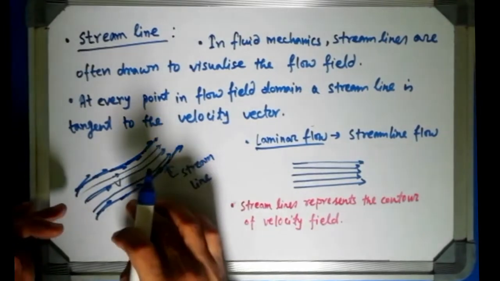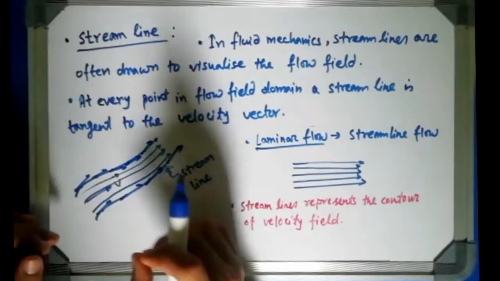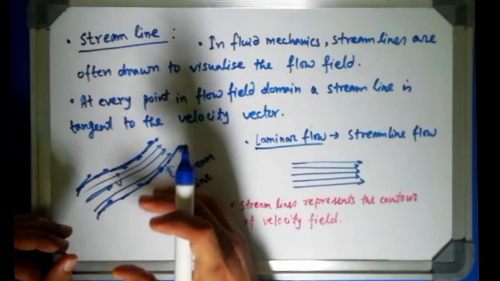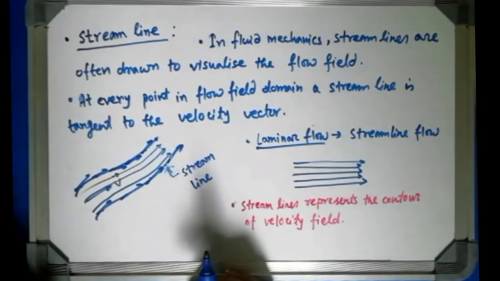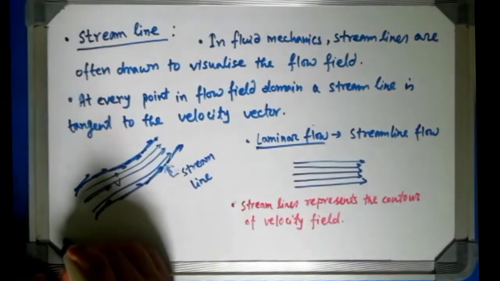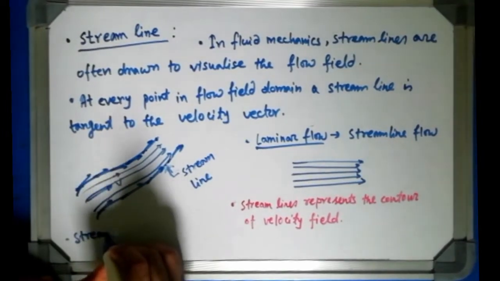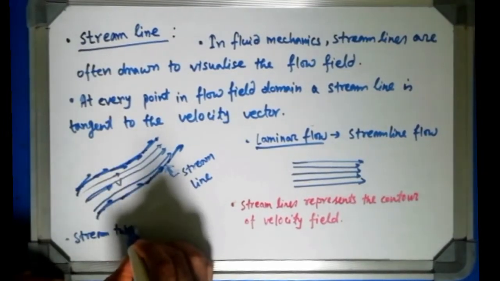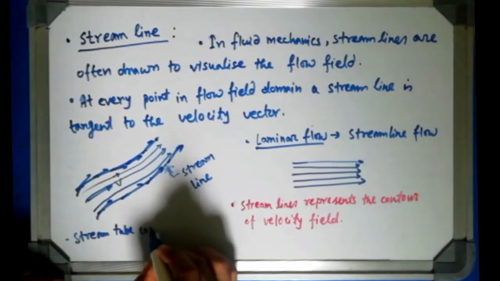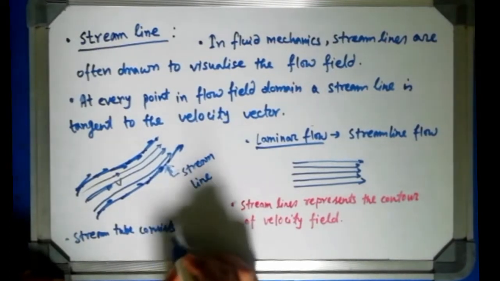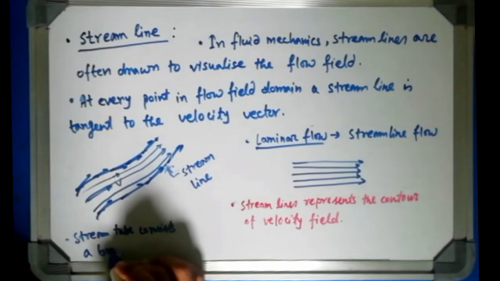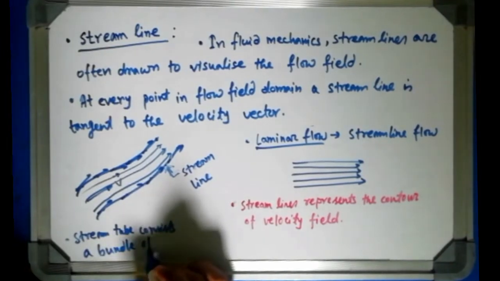That is why we say the bunch of streamlines as a whole is a stream tube. So a stream tube consists of a bundle of streamlines.